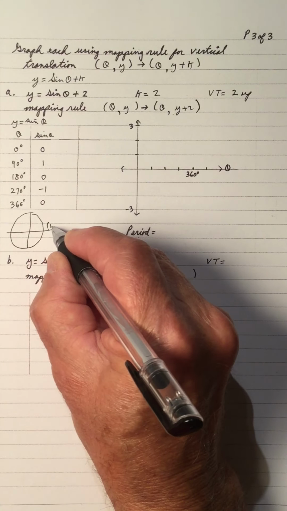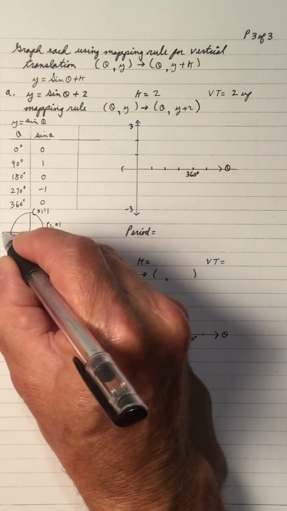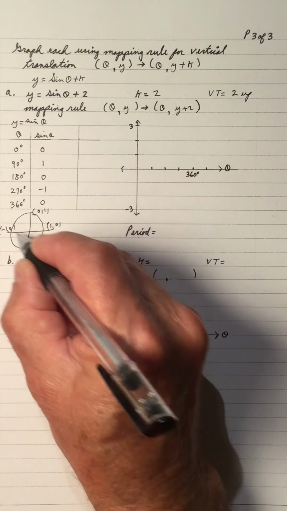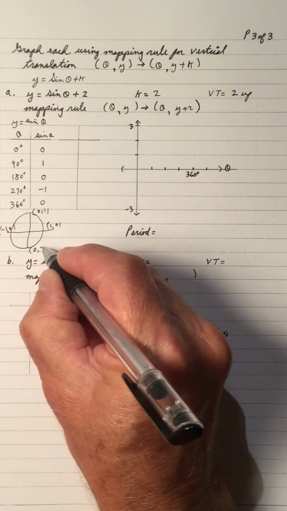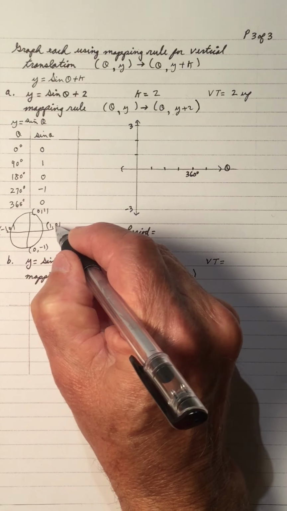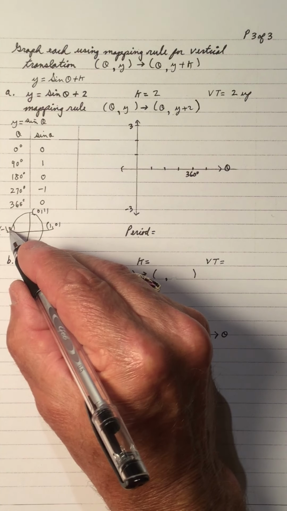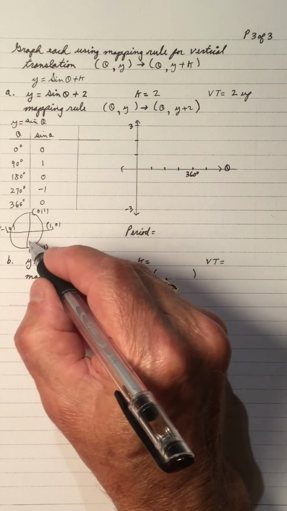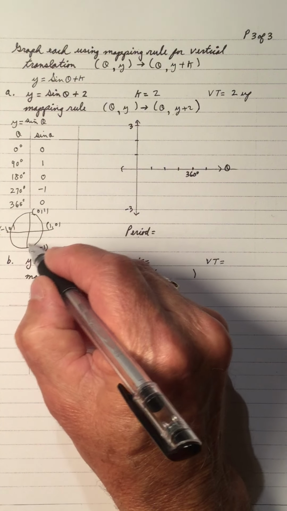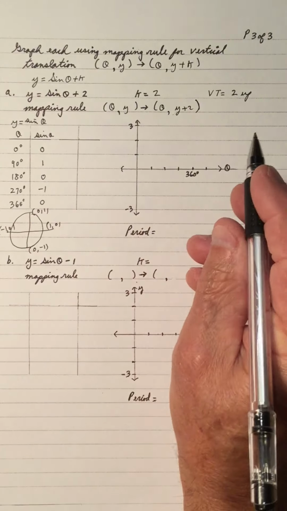So this is 1, 0, this is 0, 1, this is -1, 0, and this is 0, -1. So sine is the y, so the sine of 0 is 0, the sine of 90 is 1, the sine of 180 is 0, the sine of 270 is -1, the sine of 360 is 0, because sine is the y.